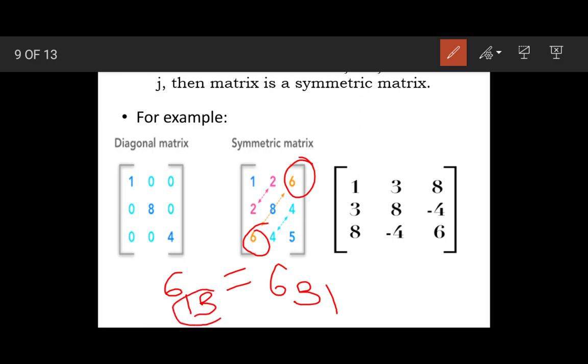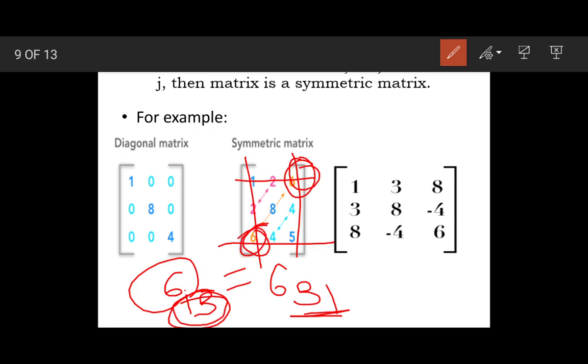What I'm doing is just interchanging the rows and columns. After interchanging, I'm getting 3 1. So 6 at position 1 3 is 6. After interchanging we are getting 3 1, again the number is 6.